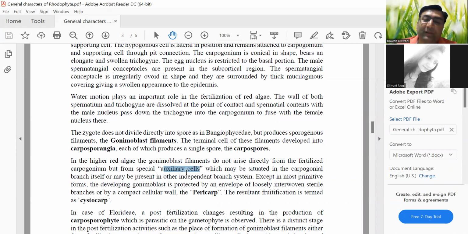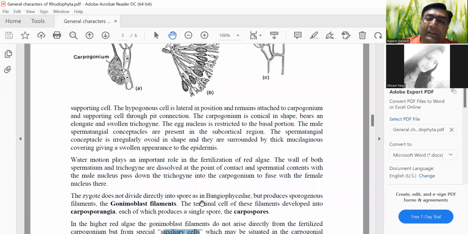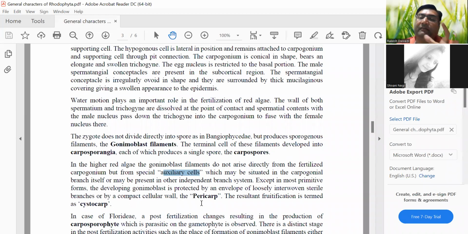Yes. These gonimoblast filaments get surrounded by other gametophytic cells, which are meant for the protection of this carposporophytic generation, and this structure is known as the pericarp, right? So the pericarp is the protective covering of the carposporophyte or the gonimoblast filament, right?